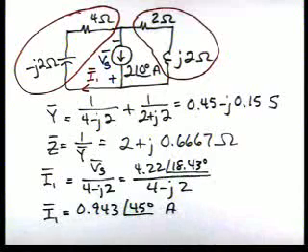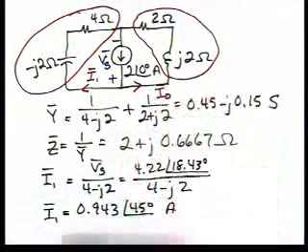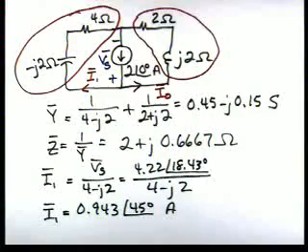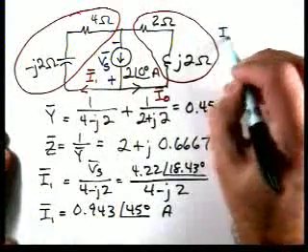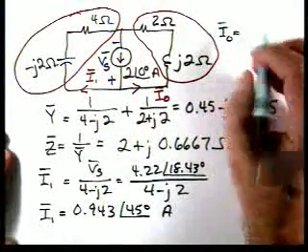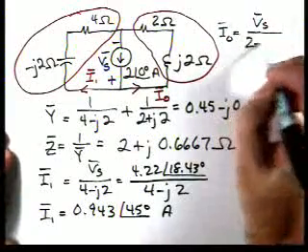Okay. And also, we can calculate another current here we'll call I0. Okay. So I0 is Vs over 2 minus j2.